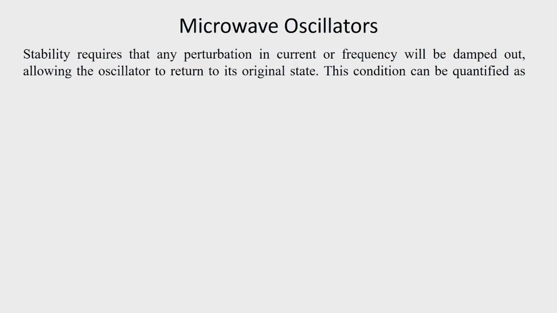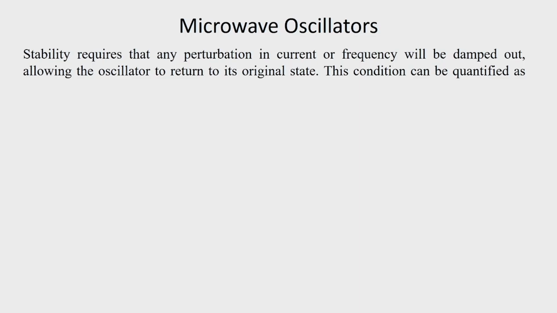Now, we have seen how oscillation can start and become stable at some frequency omega naught. Stability requires that any perturbation in current or frequency will be damped out.